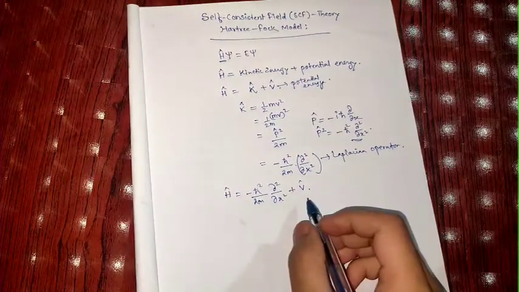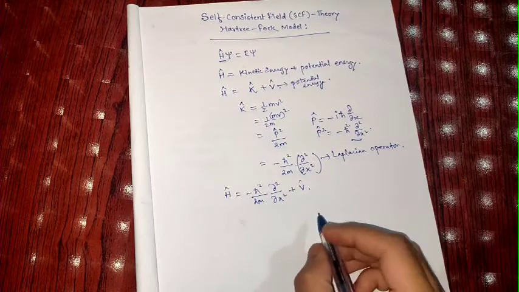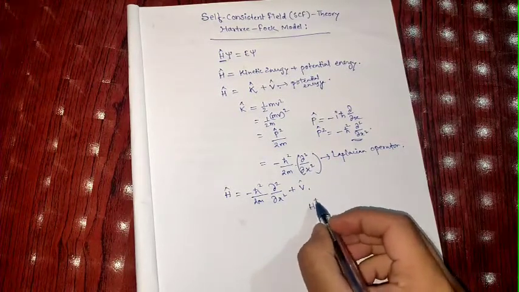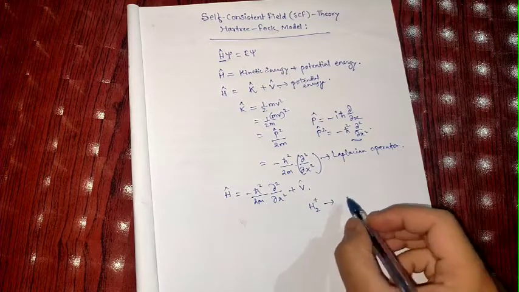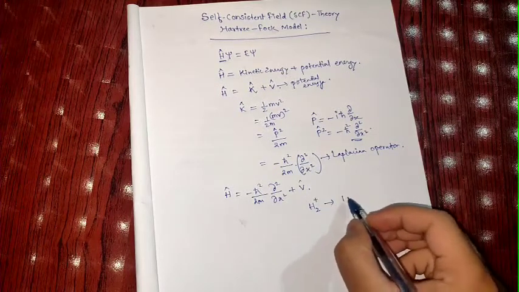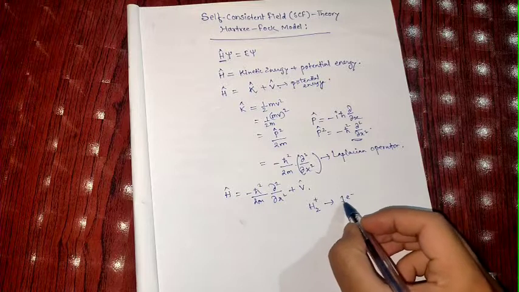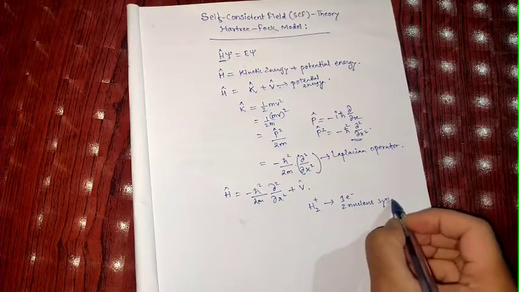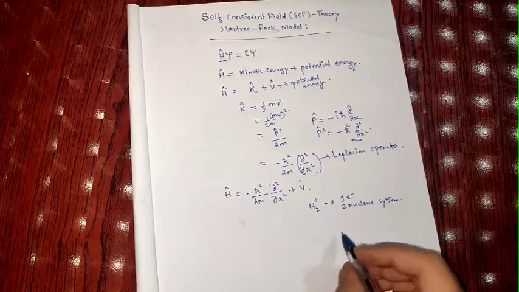Now consider the H2 plus system, which is a system of 1 electron and 2 nuclei.